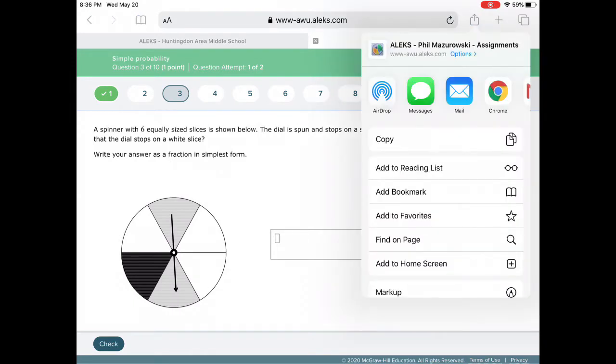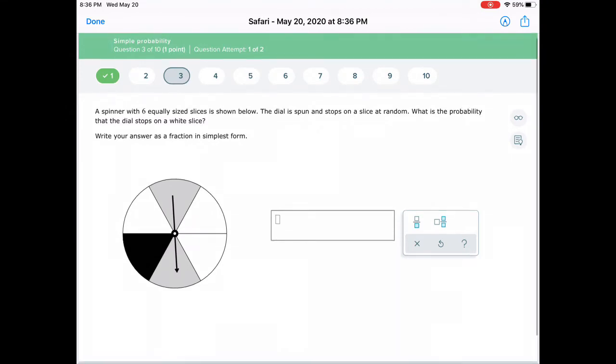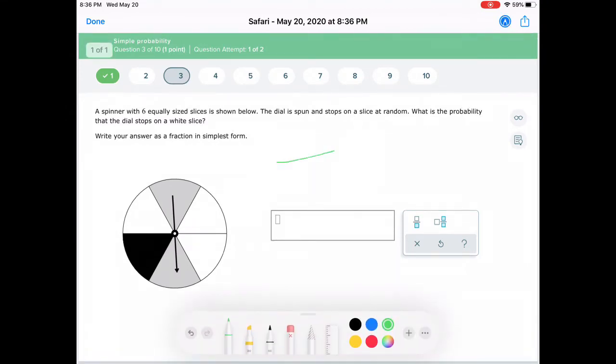To find probability here, we have to look at the entire sample space, which is what we are going to take this out of. The entire sample space is the 6 different things.